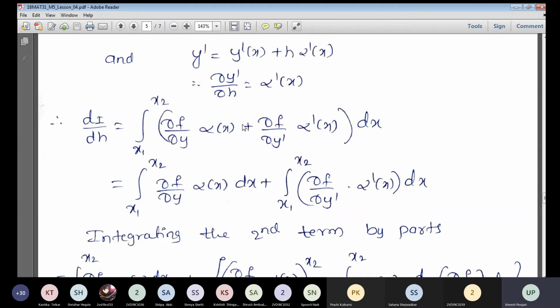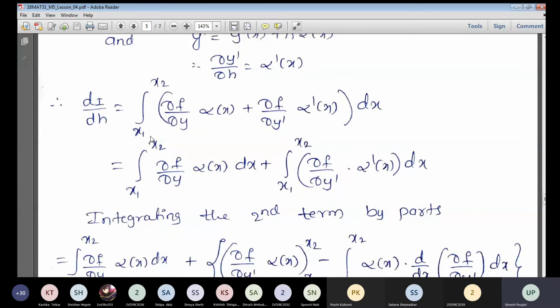Here the plus symbol is there, so I will write separate integrations: the integration of dou f by dou y into alpha x from x1 to x2 as it is, plus the integration of dou f by dou y dash into alpha dash of x from x1 to x2. I have just separated the terms because of the plus sign.